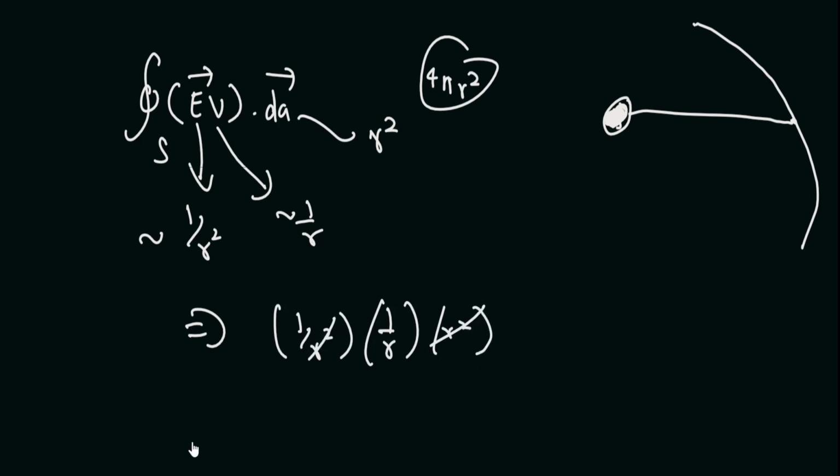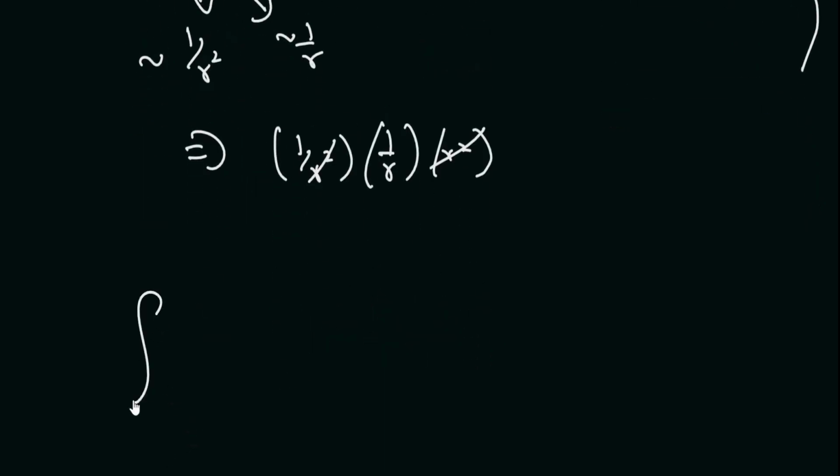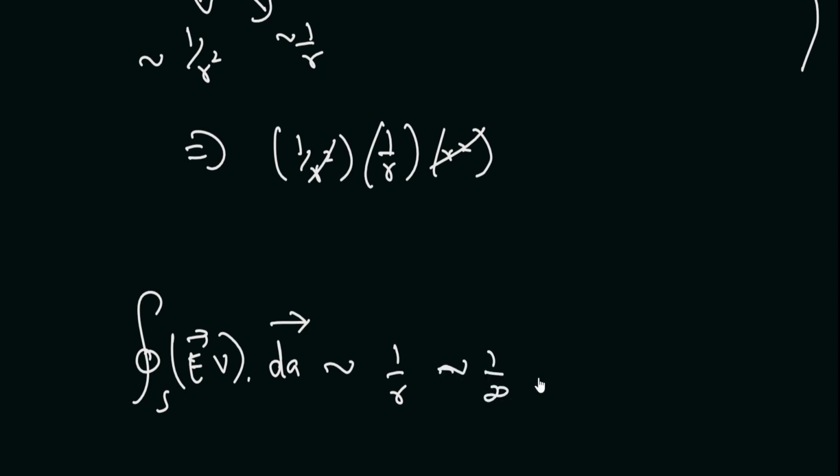The r squares get cancelled, and this integral E times V dot dA will change as 1 over r as we increase our volume. And now if you extend the volume all the way to the outer space, that is all the way to infinity, it will change by 1 over infinity, which is equal to 0. So as we integrate over the entire space, this integral goes to 0.